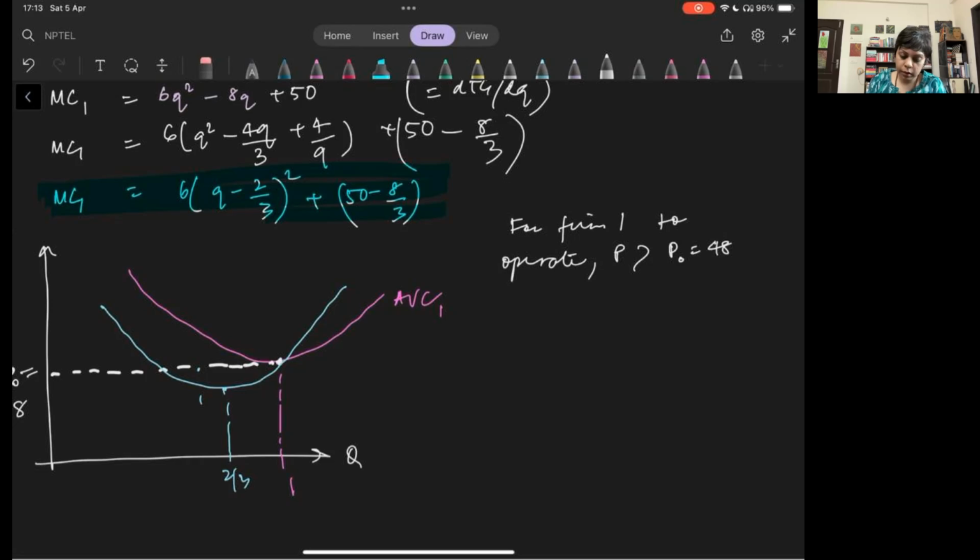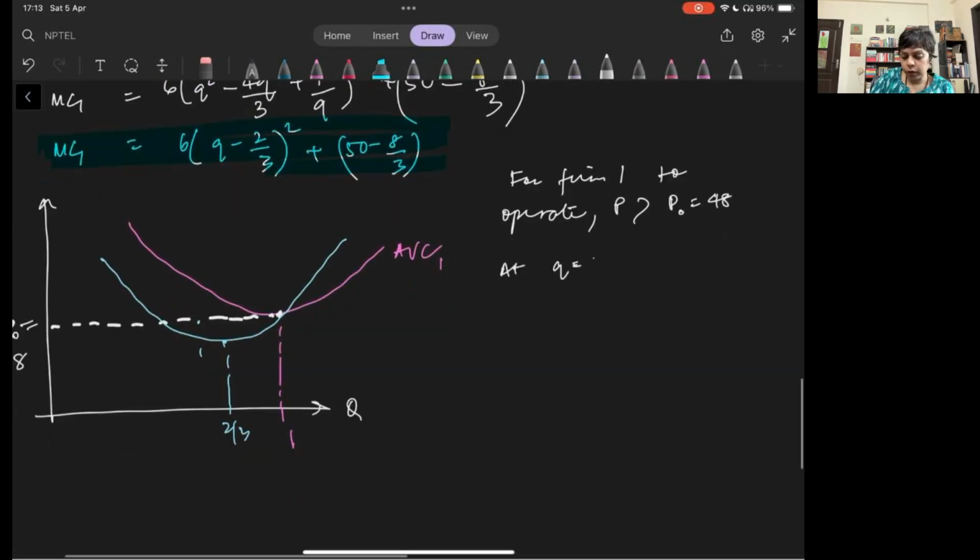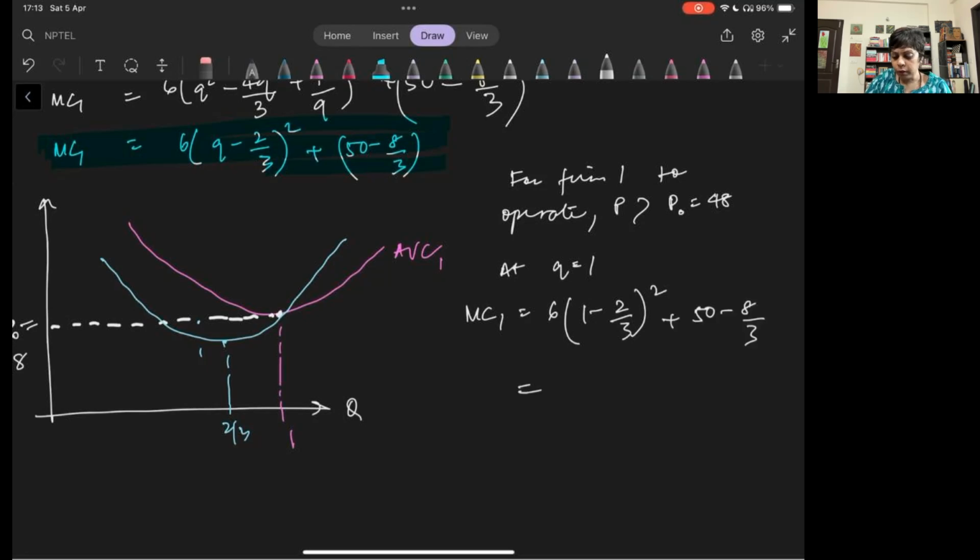Let's compute this. At Q equal to 1, marginal cost comes out to be 6 into 1 minus 2 by 3 whole square plus 50 minus 8 by 3. Now this is what? This is 1 by 3. So this is 6 upon 9 plus 50 minus 8 by 3.